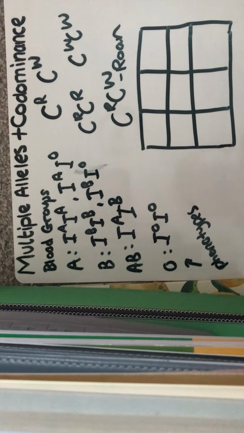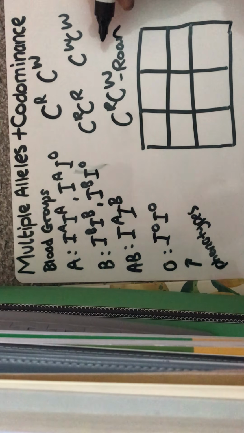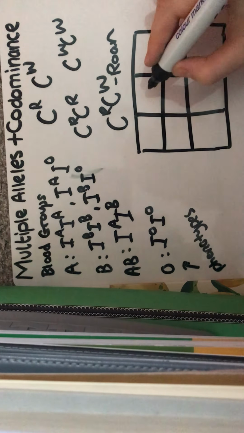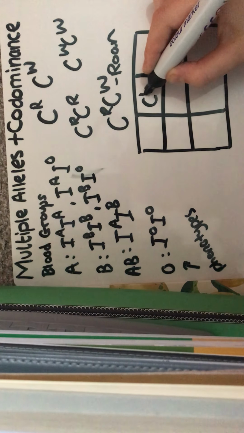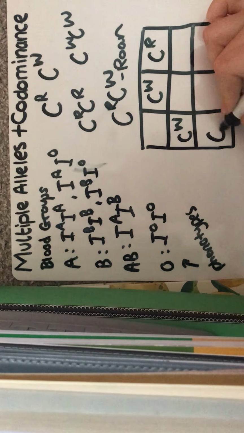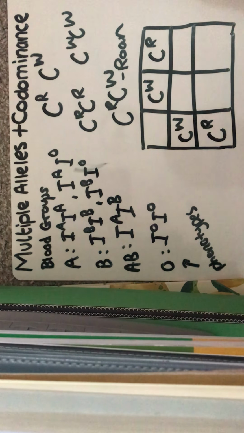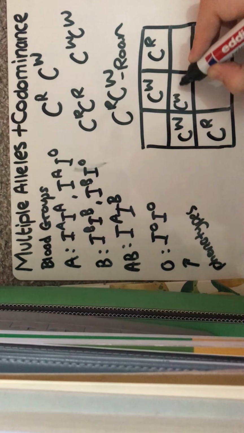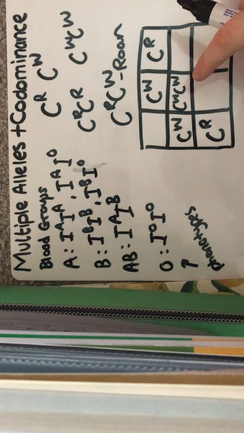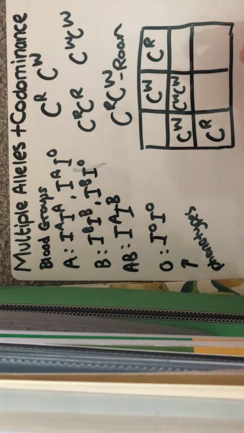So if we've got both roan, then we know that their genotype is this, and we know that the gametes are going to be CW and CR, CW, CR. So we can do this, so we know that this offspring would be white because it's homozygous.